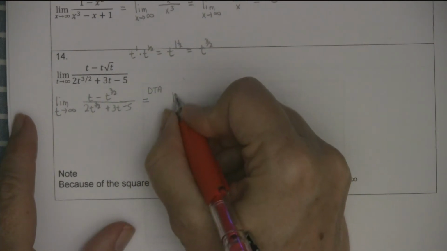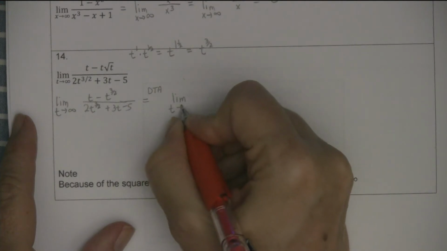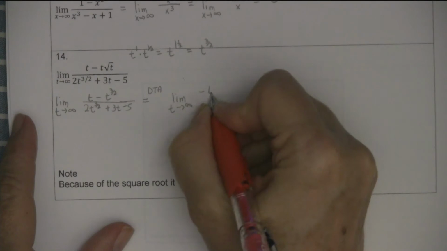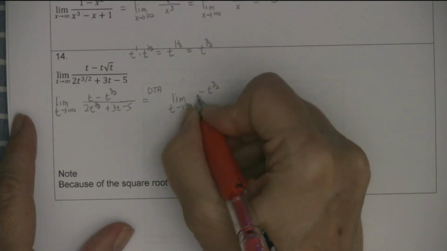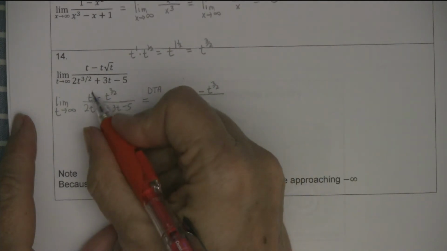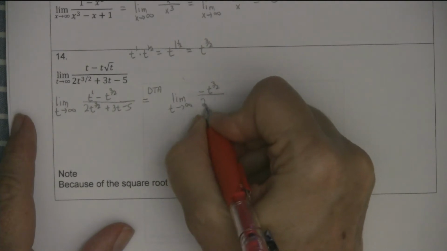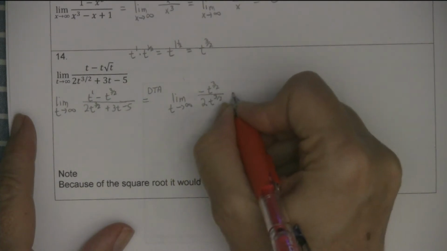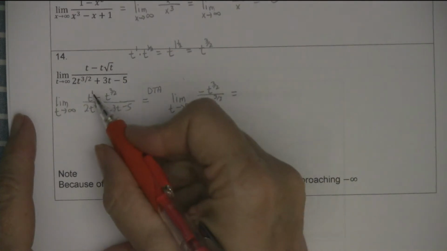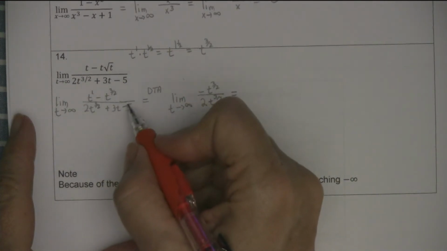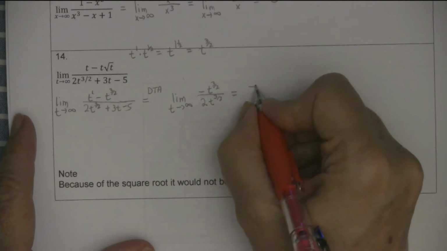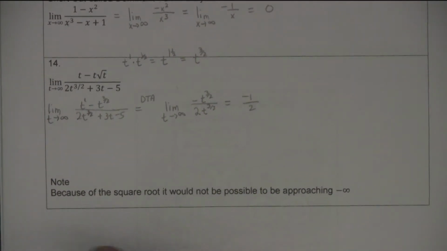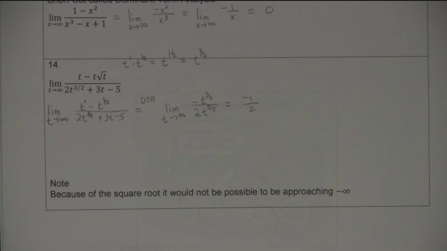So this is the limit as t goes to infinity of the biggest guy in the numerator, which is negative t to the 3/2, over 2t to the 3/2. Those cancel out. So dominant term analysis means getting rid of this and this and that. And so this is negative 1 over 2, right, when those cancel out. And anyway, so going to negative half.